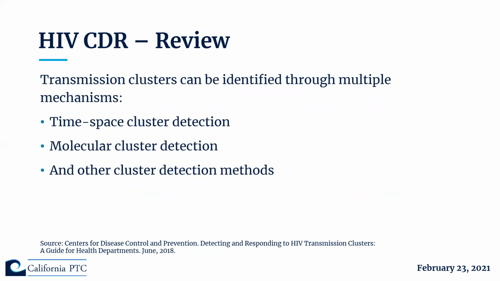Transmission clusters can be identified through multiple mechanisms: time space cluster detection, molecular cluster detection, and other cluster detection methods. So now that we're on the same page, let's dive into an overview of the CDR workshop series by reviewing the purpose, activities, and each day of the series.